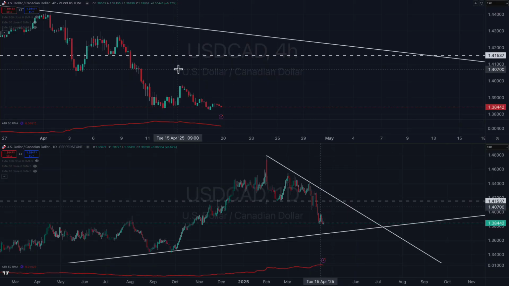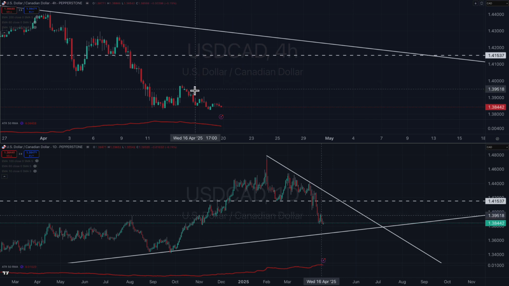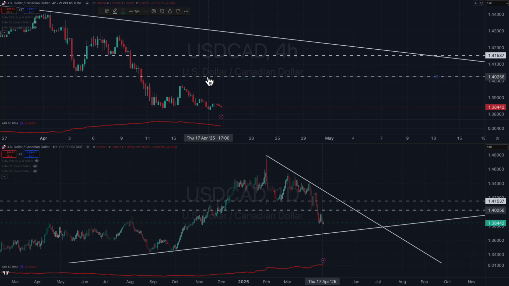Now, moving on to the dollar CAD. So this one here, we're looking to sell into any rallies. As the market rallies up, we've got a big level of resistance here at 1.4155. If we go a little bit below, for you more aggressive traders, there is another support level over here, which you can see better on the 4-hour chart at 1.4030.